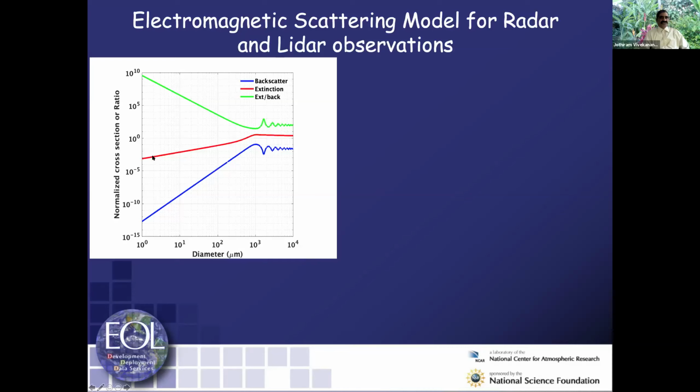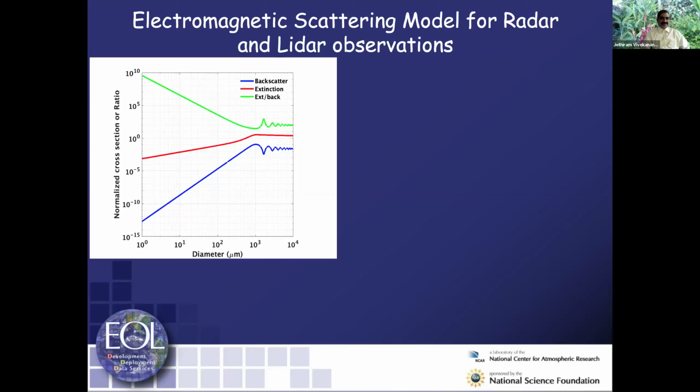The red curve shows the extinction or absorption, which increases with size, then saturates at 2. These are normalized cross sections that I show here. The blue is the ratio between extinction and backscatter. That means extinction or absorption is quite large in the small particles, then scattering increases like that. This is for 94 gigahertz, W band, just a monodisperse case for individual particles.